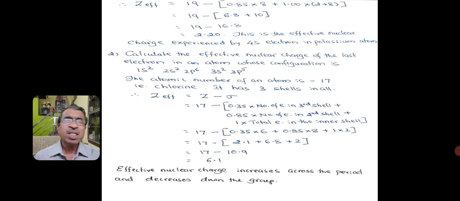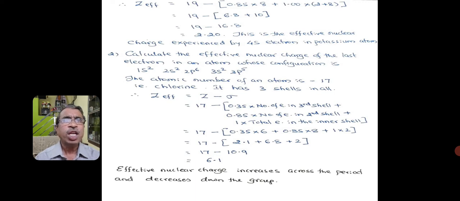And in the next subsequent inner shell, we have only 2 electrons. Therefore, that should be multiplied by a factor 1 into 2. If you add all these things, 17 minus 2.1 plus 6.8 plus 2, it will be 17 minus 10.9. This will be 6.1. So, for chlorine, effective nuclear charge is 6.1.